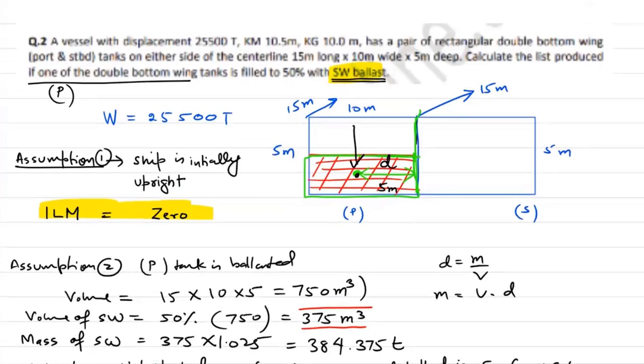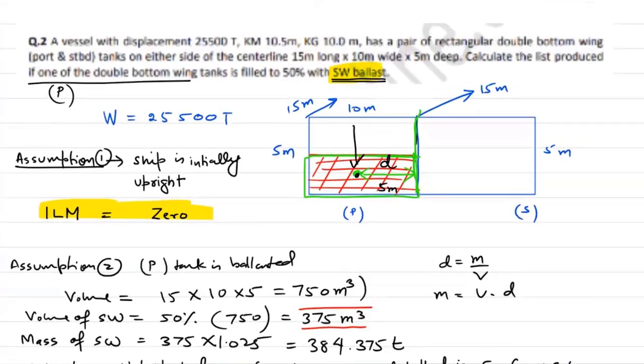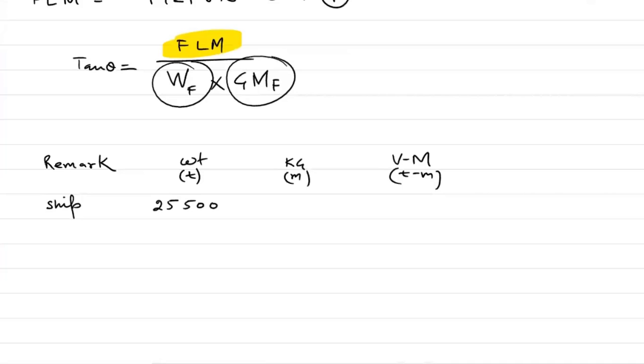Let me cross check again: 25,500. And what is the KG? 10 meters. So the vertical moment is 255,000.